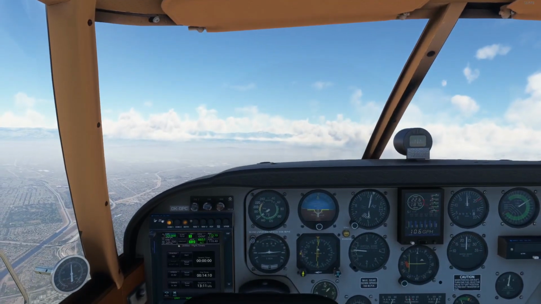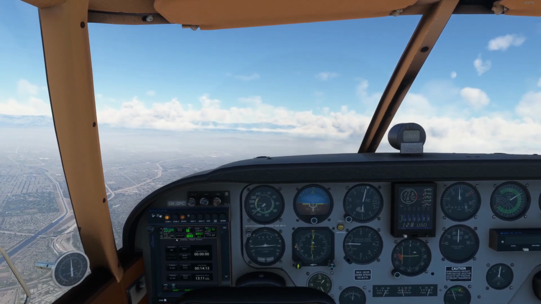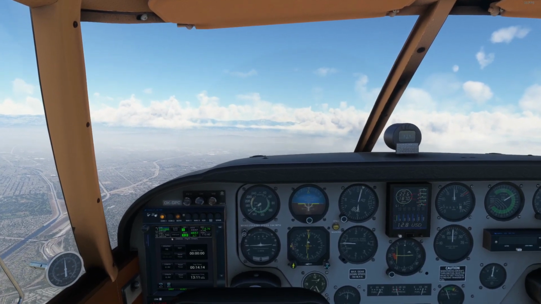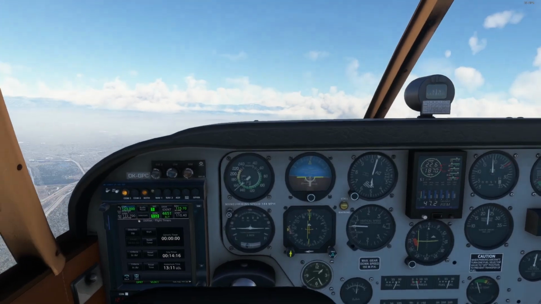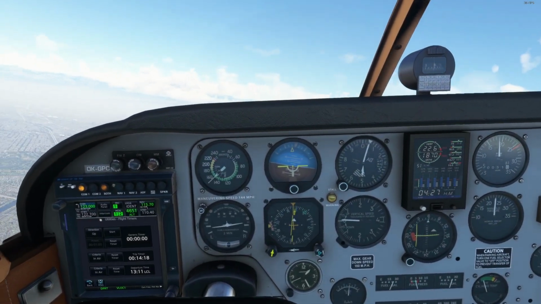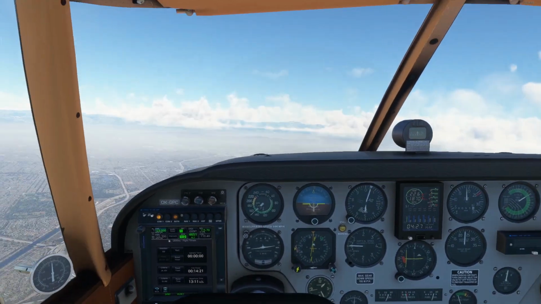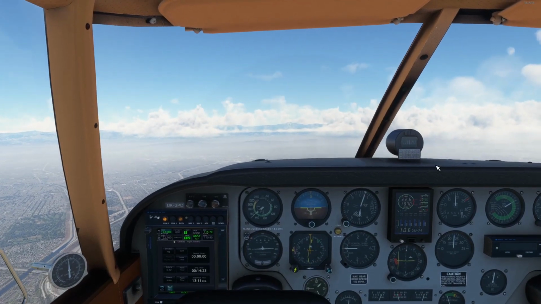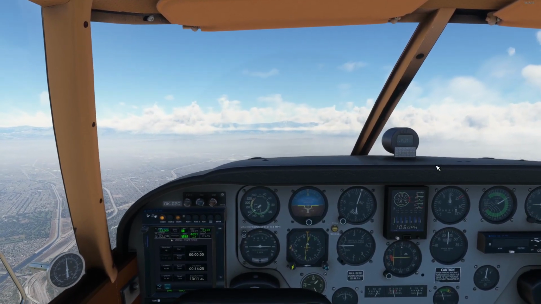Okay, we are very close. So when we cross it, we'll try to follow 058, and we'll use the secondary VOR to track it.